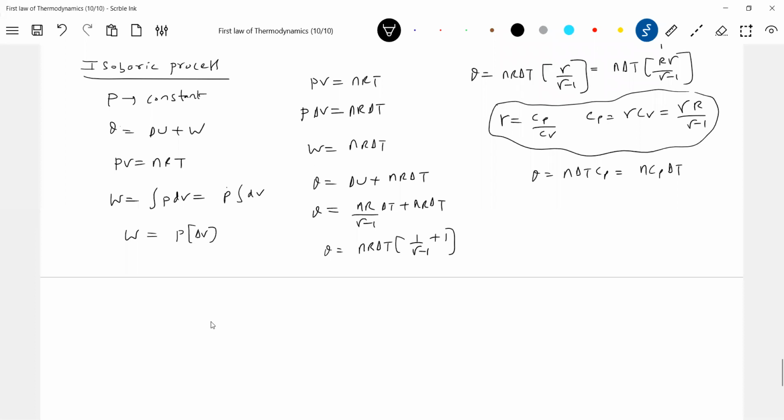That's one thing. Next again, how Q and delta U are related. Let me proceed further. We know delta U equal to what you can write? nR delta T by gamma minus 1.